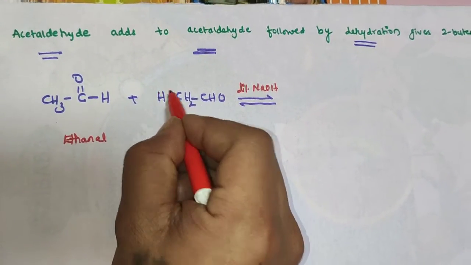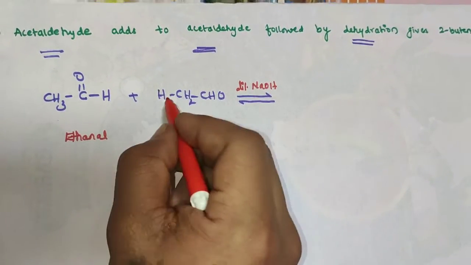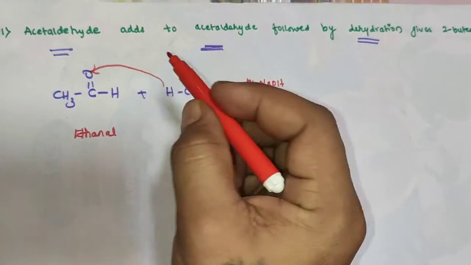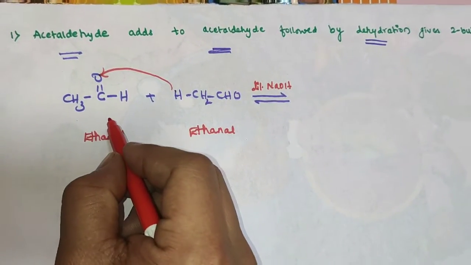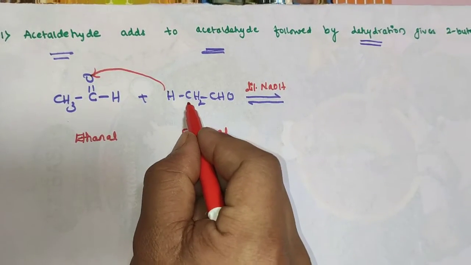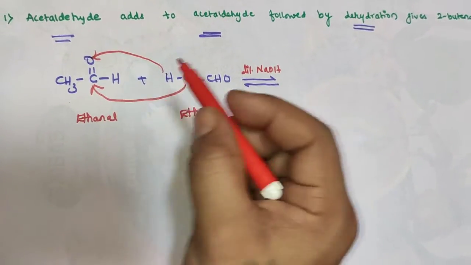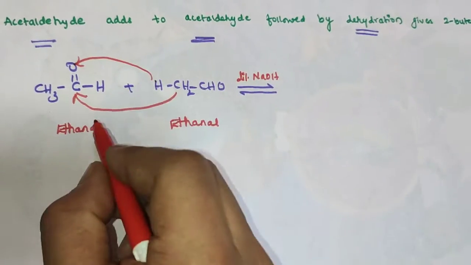One of the hydrogen atoms from one of the ethanal molecules is accepted by the carbonyl oxygen atom. At the same time, this CH2 group bonds with the carbonyl carbon atom. So what is the product?